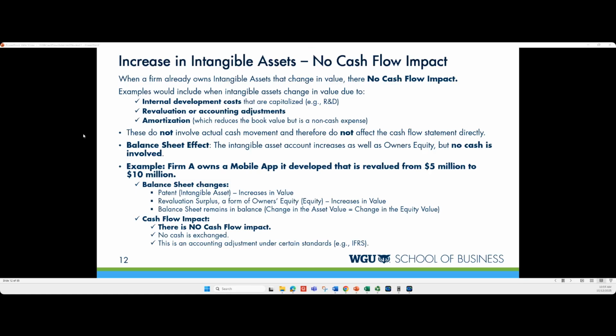And that's going to cause the balance sheet to remain in balance. The increase of the asset change is going to be the same as the change in equity value. And so there's no cash flow impact, no cash is exchanged, and it's an accounting adjustment.